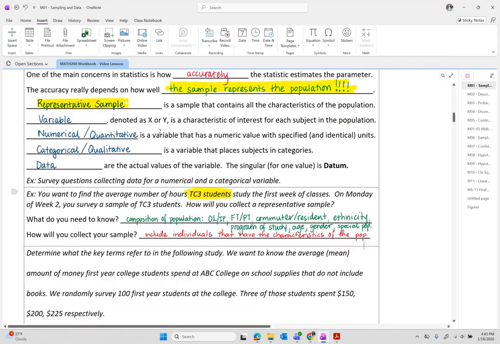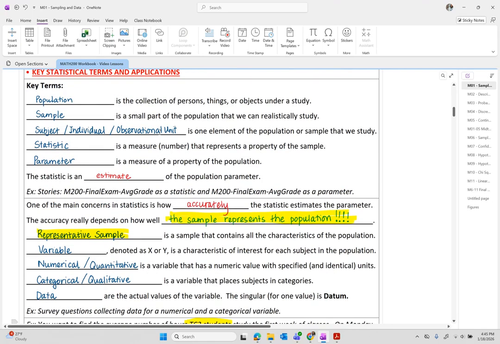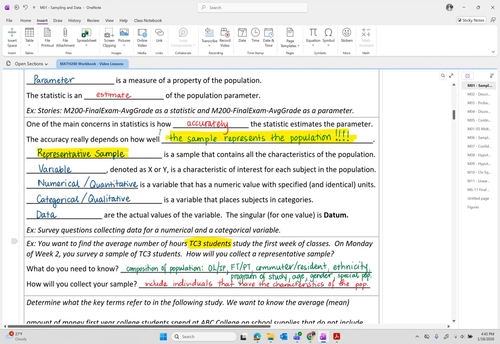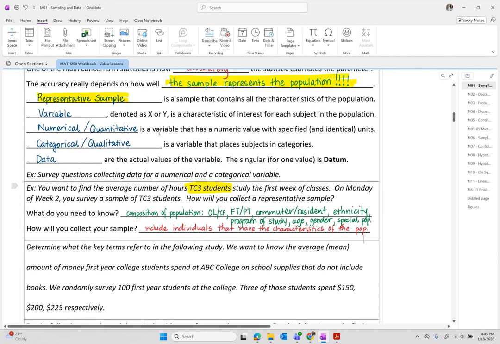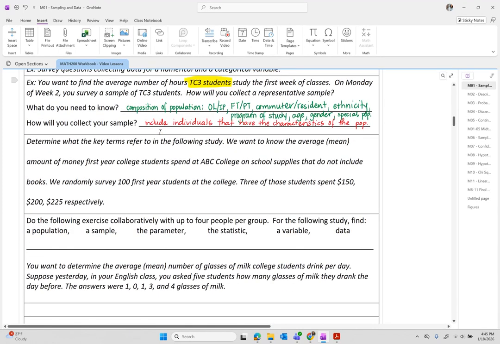Key terms being, what is a population, what is a sample, what is an observational unit, what is a statistic, what is a parameter, what is a variable, is a variable numerical or categorical, what are the data in each study. So here is an example. Determine what the key terms refer to in the following study.